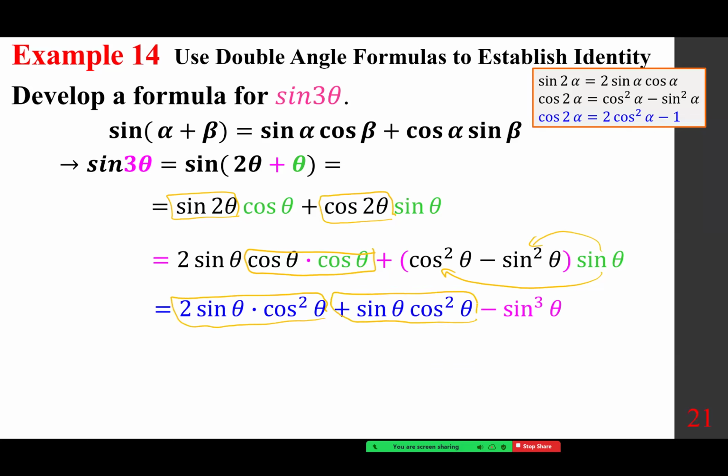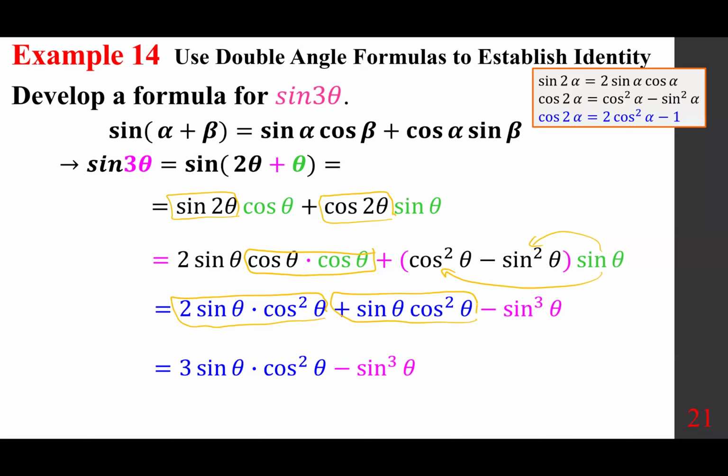These two can add up because we have sine theta cosine squared. They add up to 3 sine theta cosine squared theta. And now everything is in good shape.